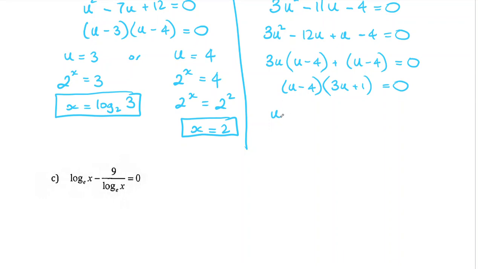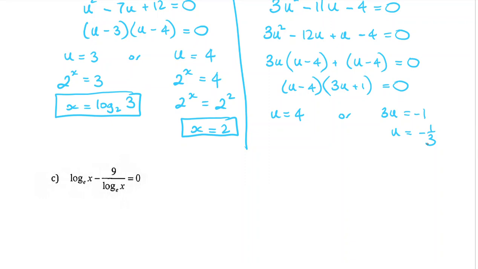I'm going to get u equals 4 from the first one, or 3u equals negative 1, u equals negative a third from the second. But I still have to get x. Okay?